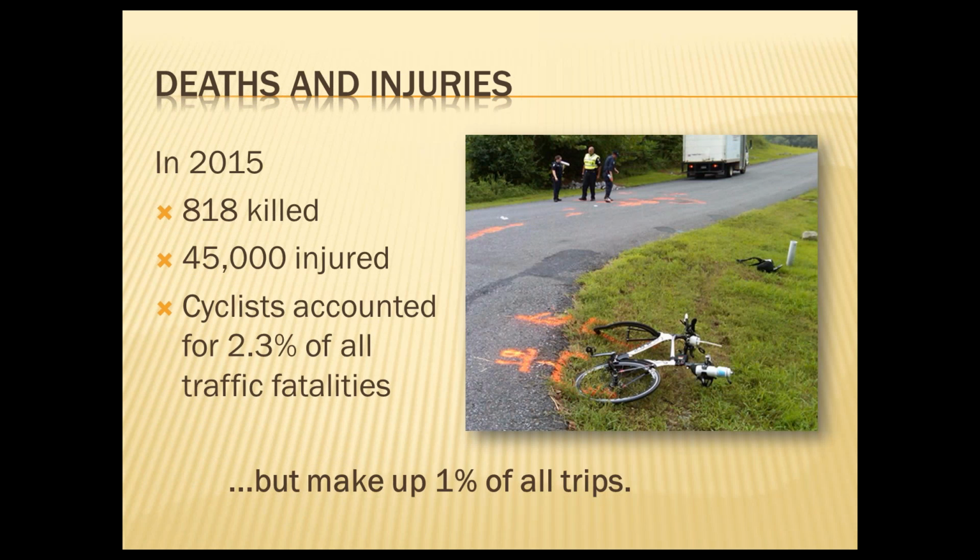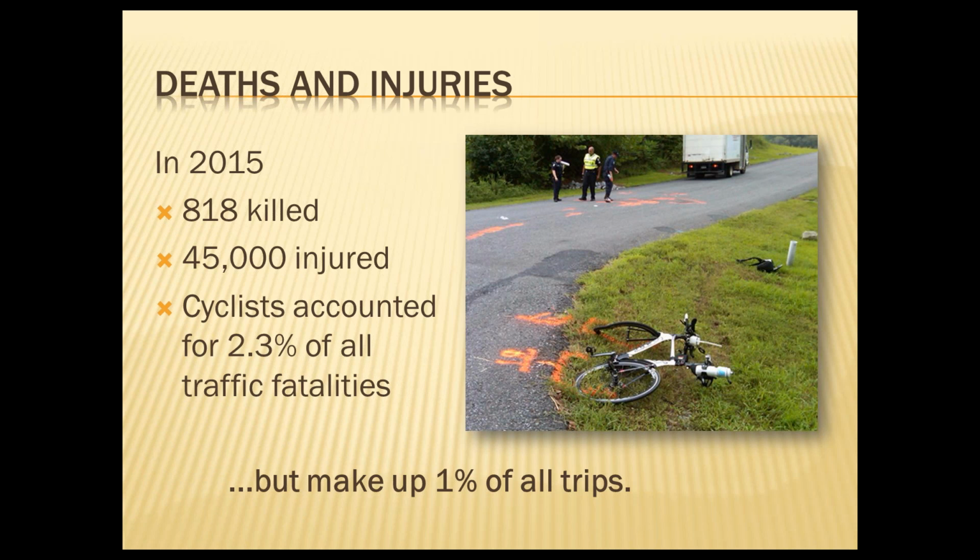In terms of our crash statistics nationally, our most recent FARS data from 2015 says we had 818 bicyclists killed across the country, and we estimate that there were 45,000 injured. And while these numbers are low in comparison to the overall highway crash numbers that we have, cyclists accounted for 2.3% of all traffic fatalities, but they only make up 1% of all trips.